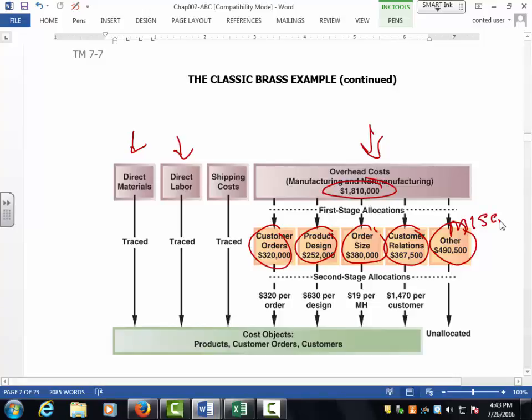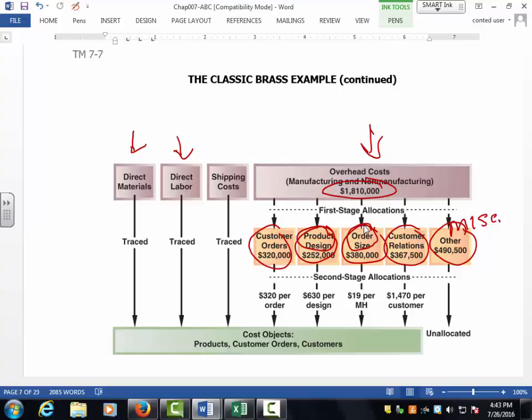So we can identify 320,000 of overhead cost that occurred because of customer orders. Out of that 1.8 million, 252 occurred because of product design. 380 was based on physically making the product, so the order size, and then customer relationships and other.